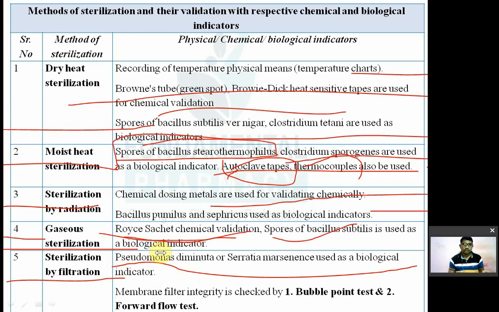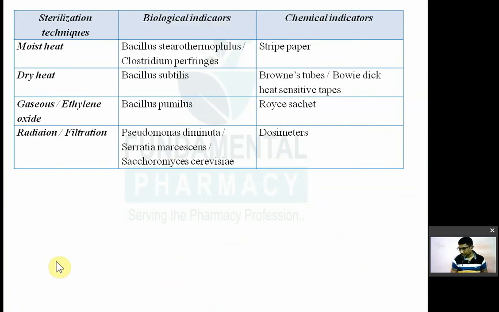For the physical method, the bubble point test and forward flow test are used to check the integrity of membrane filters. Again, you can revise the different methods of sterilization and indicators.